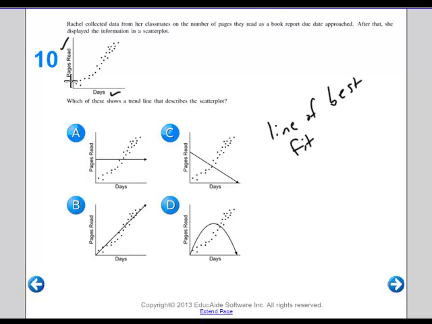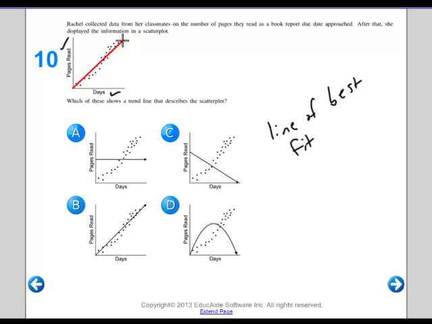So basically we would start down here, we would try to cut those points about in half, so it might seem something like that. I got some points below the line, I got some points above the line, about the same, and then I have a few points on the line. So that would be a good line of best fit right there.